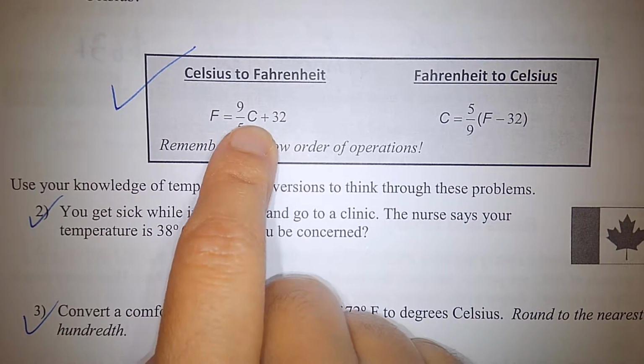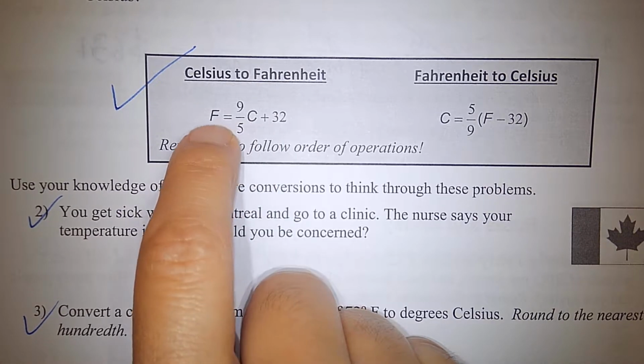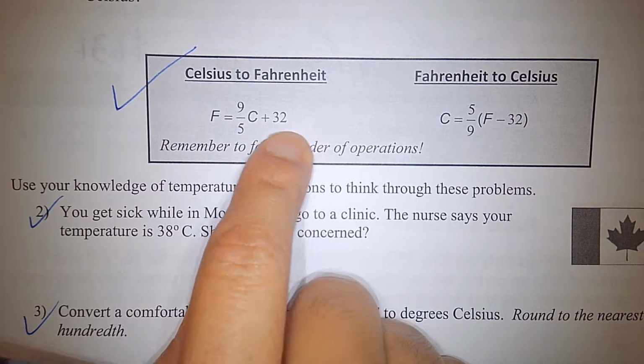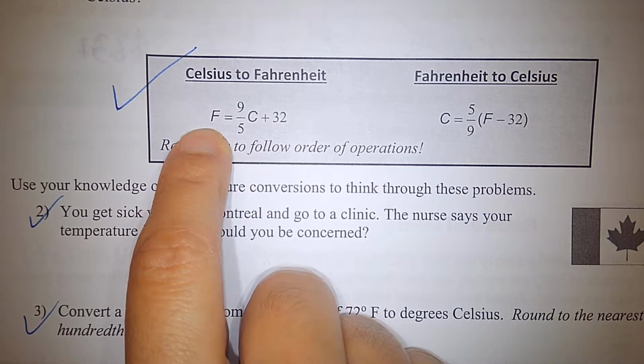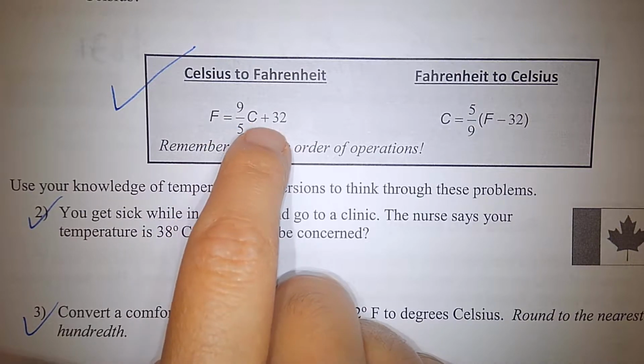One formula is to convert from a given degree in Celsius to Fahrenheit, okay? If C is given, plug into the first formula, we get F. F equals 9/5 times C plus 32.